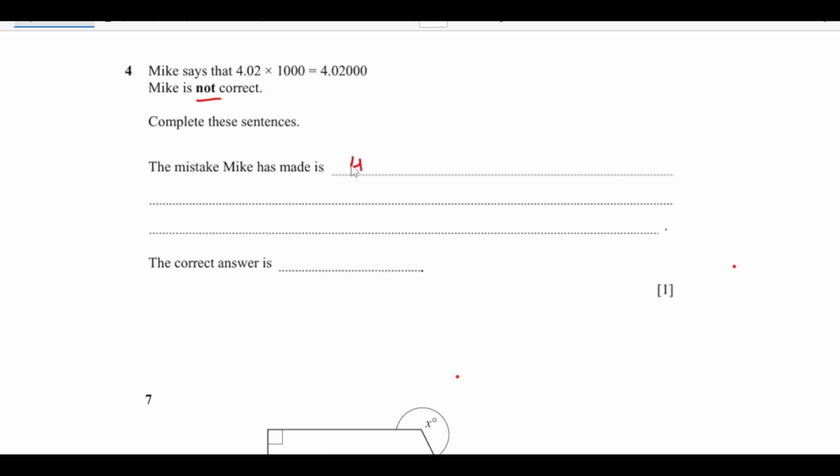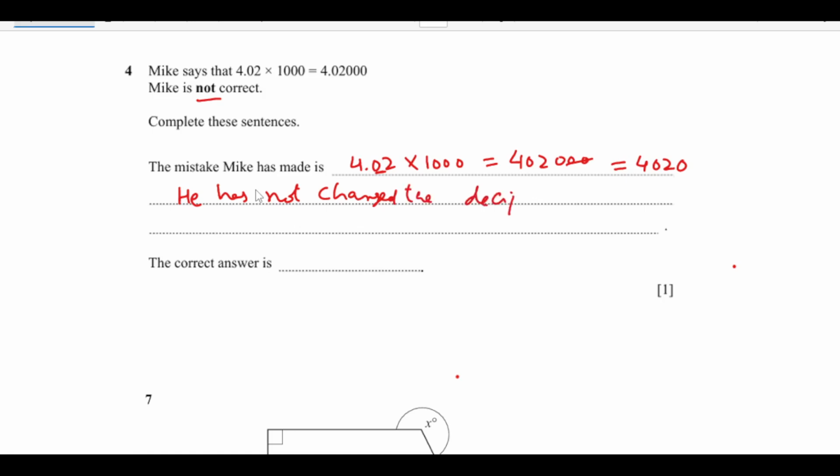As you see, 4.02 times 1000 is going to be 402 with 3 zeros as it is, but then there are two decimal places here. So the correct answer is 4020.